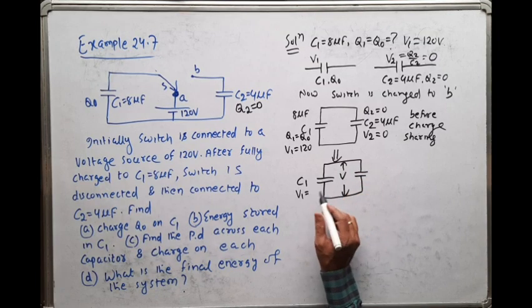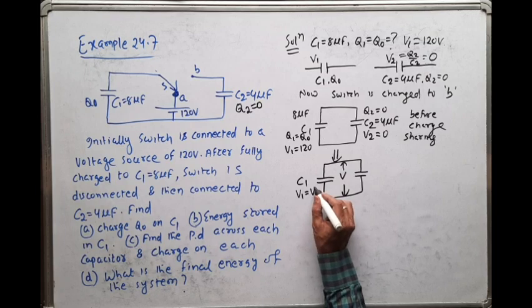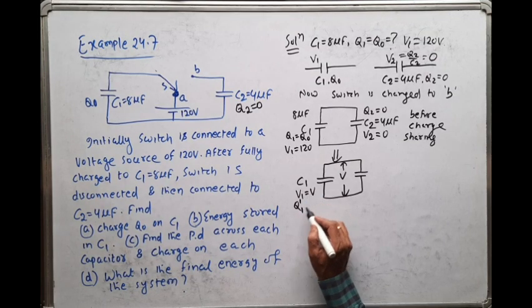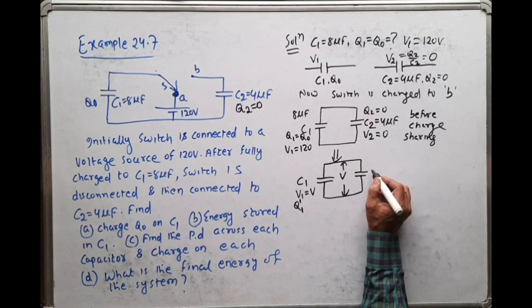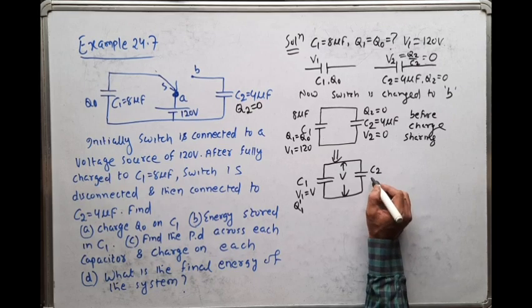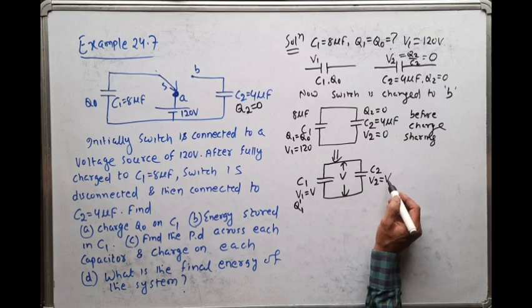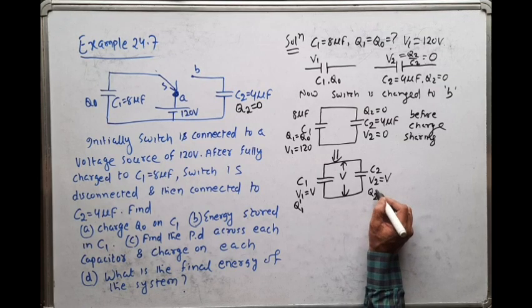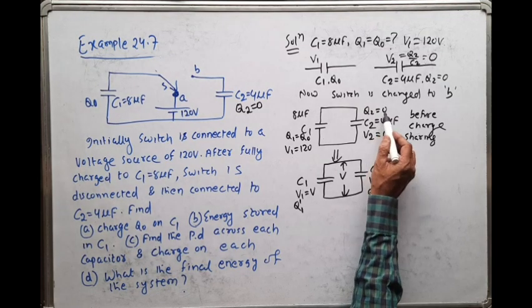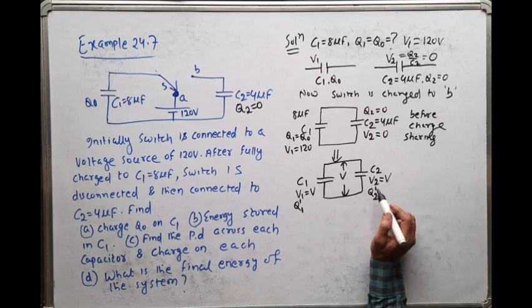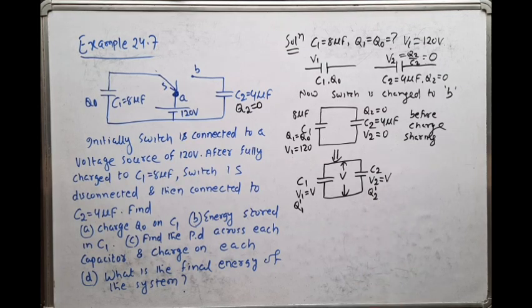So after sharing, V1 is equal to V, and Q1 is now changed to Q1 dash. Charge is redistributed. Here the capacitance is C2, the voltage is now the common potential V, and the charge is Q2 dash. Initially the charge was 0, but there will be some charge sharing, so the new charge across the capacitor will be Q2 dash.